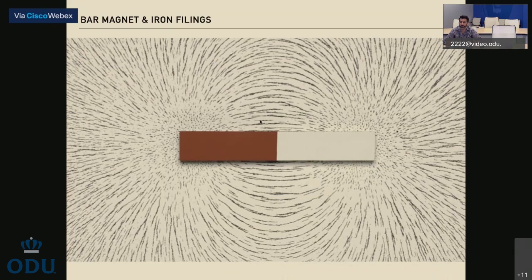This is illustrating that there's a field generated by this magnet that is felt by these iron filings and forces them to align themselves in these forms. And this is the magnetic field, okay?